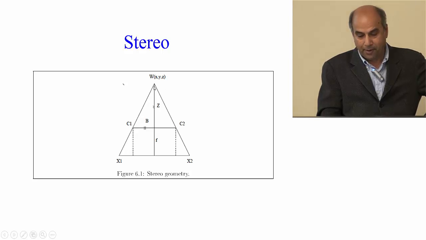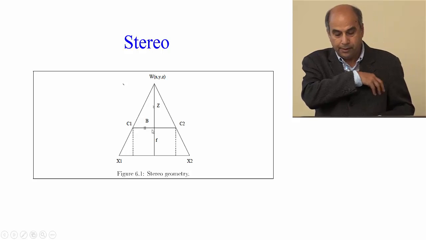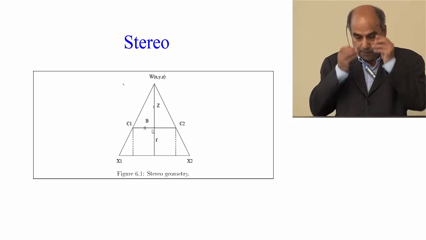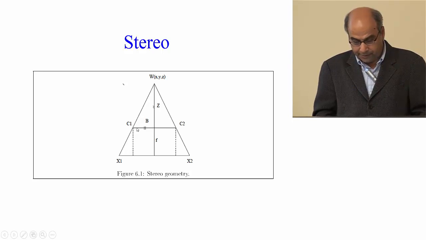The image of this point in the left camera will form here, the image of this point will form here, and these cameras are separated by B, which is the baseline. The distance of this point in 3D is Z, and the distance from the image plane to the lens is F, which is the focal length.